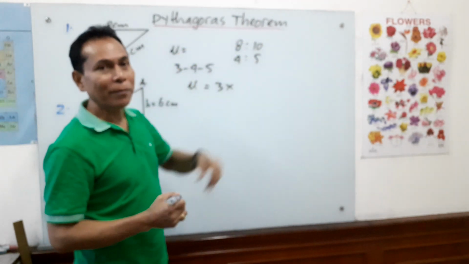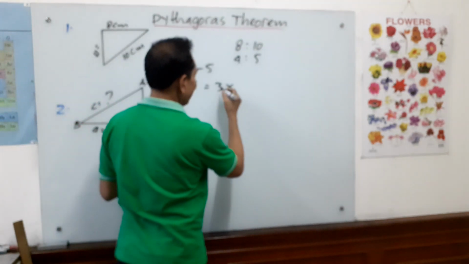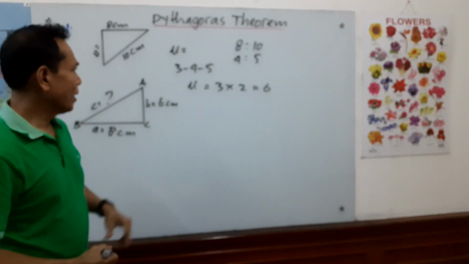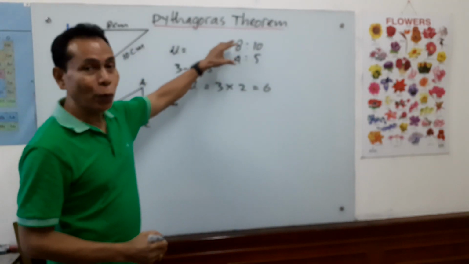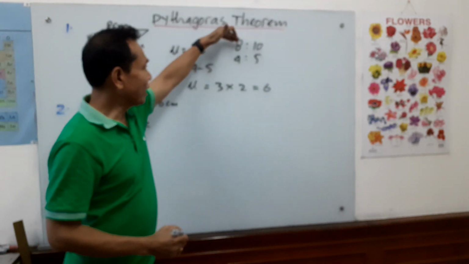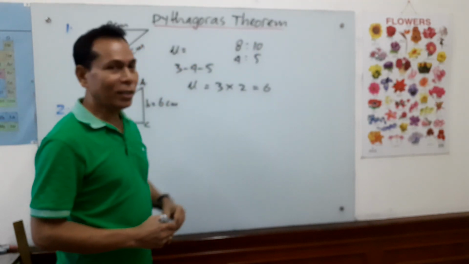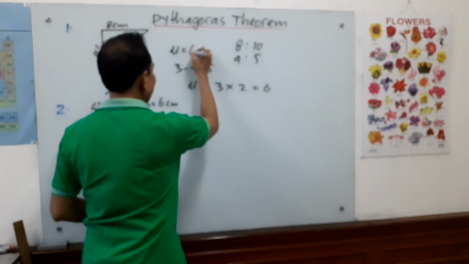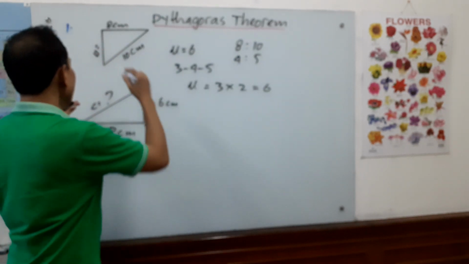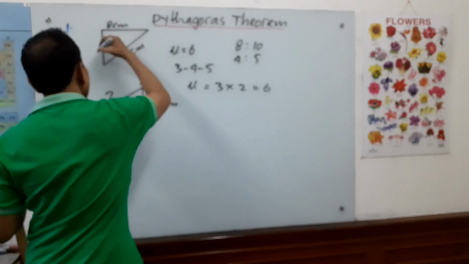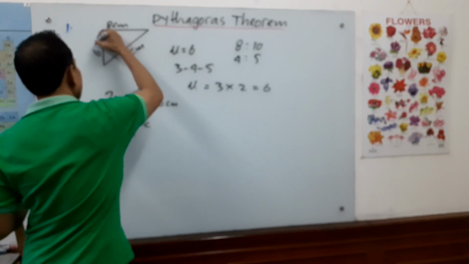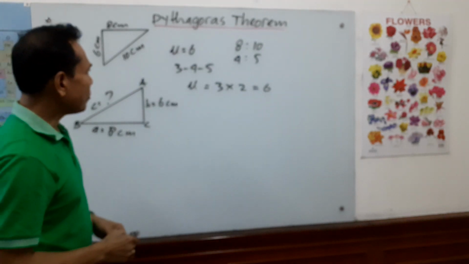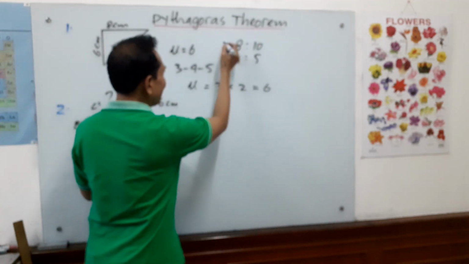So 3 times 2 equals 6. This 3, we multiply with 2, you get 6, all right? So 6 is x. So for x here, you can put 6 centimeters. So we put 6 here.